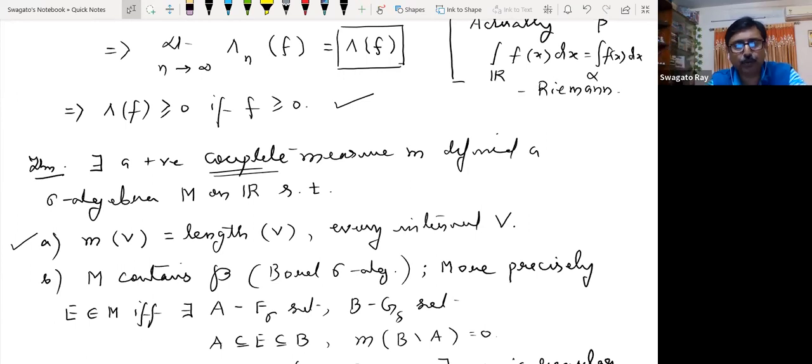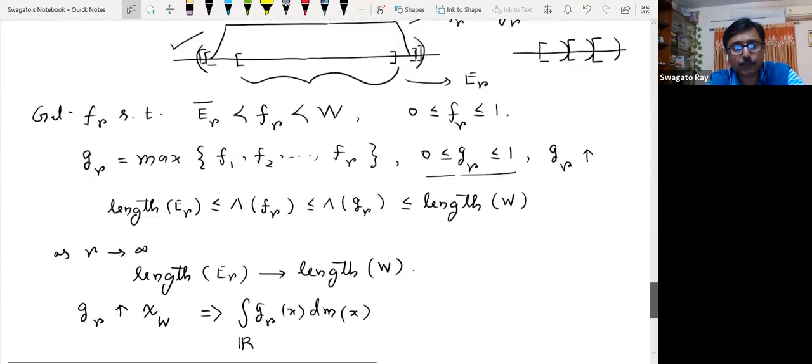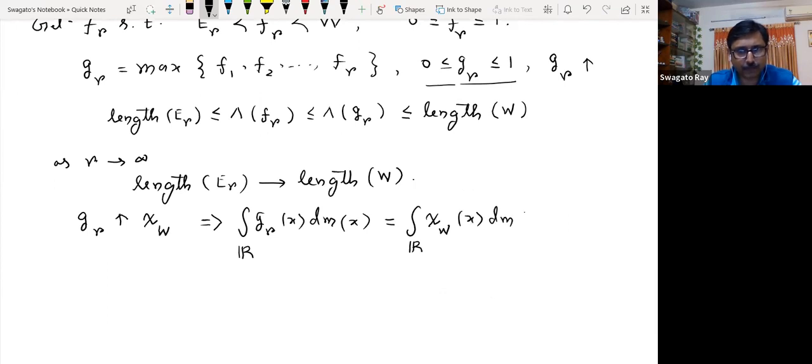We are struggling to prove A. So the Riesz representation theorem gave me a measure m. So the monotone convergence theorem applies to that measure. And since this sequence of functions is increasing, I actually get the integral over R of chi W(x) dm(x). But that, by definition of integration, is nothing but m of W.